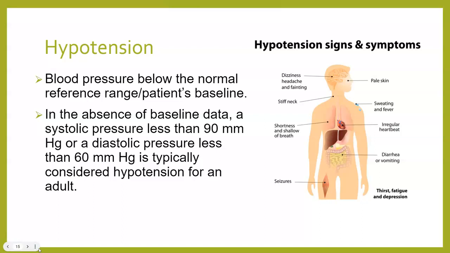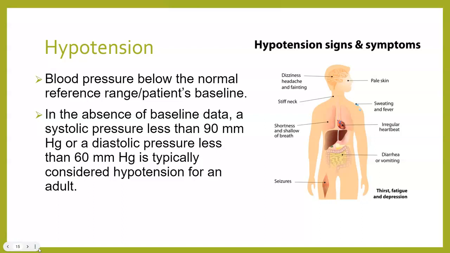So some signs and symptoms of hypotension would be dizziness, headache, fainting. So remember, this is a low blood pressure. For whatever reason, your body is not getting perfused adequately because of this low blood pressure.